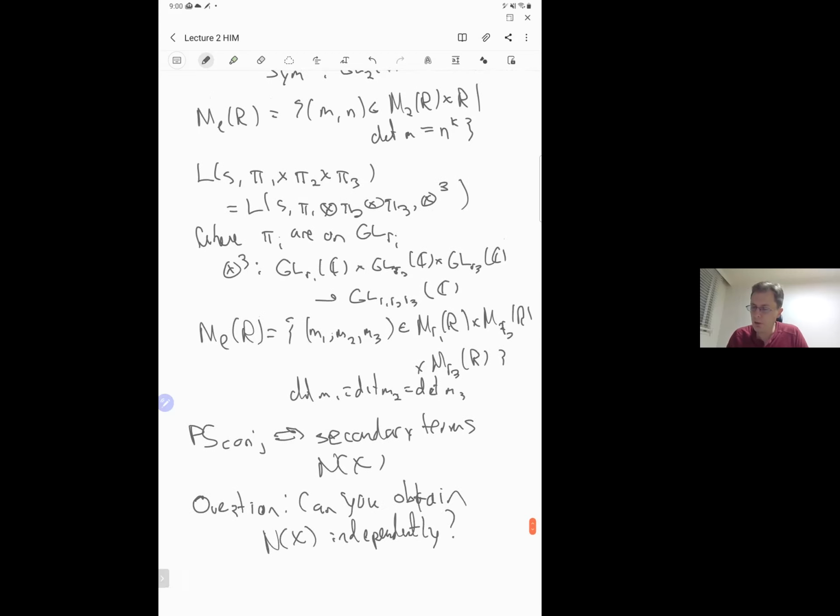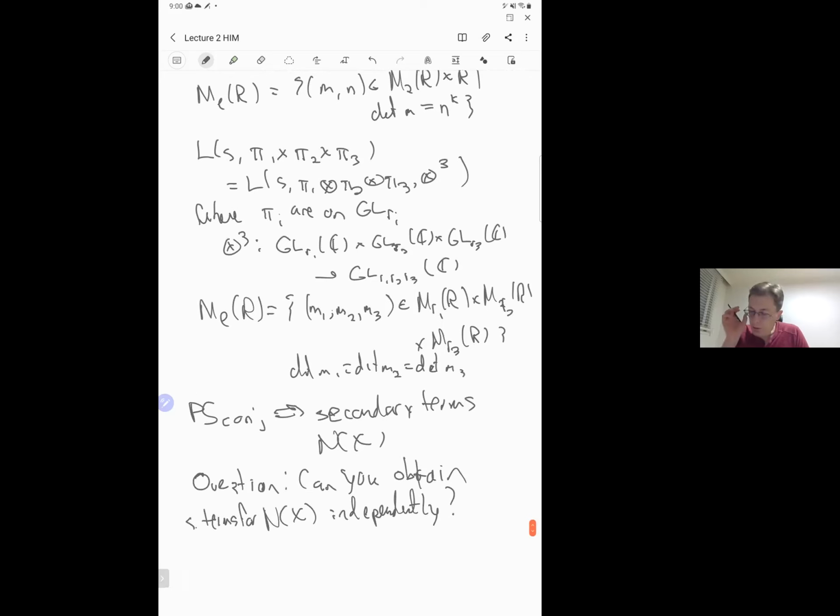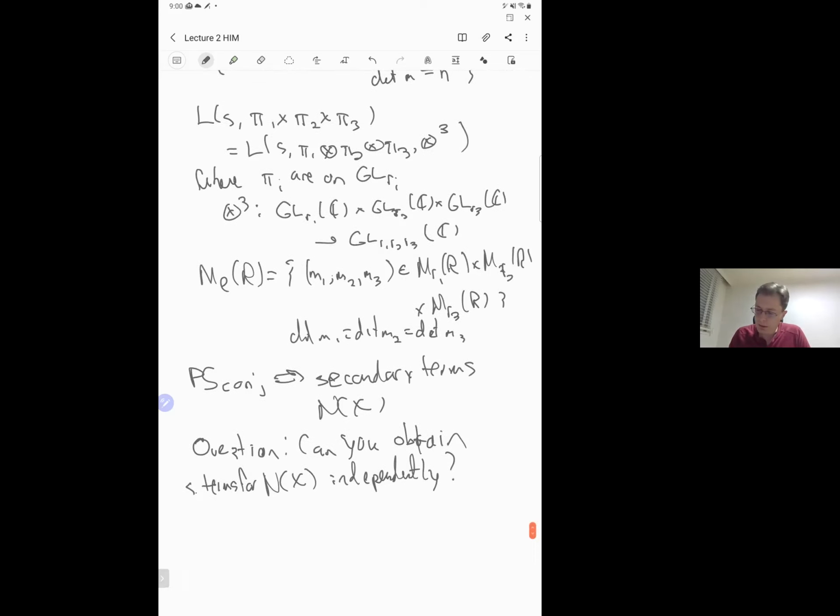Can you obtain these secondary terms? The interest, of course, is that this would conversely give you information about the poles of L-functions. And it's not clear in general.